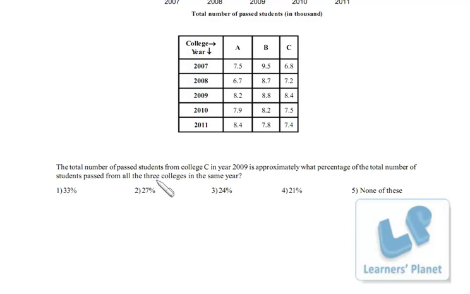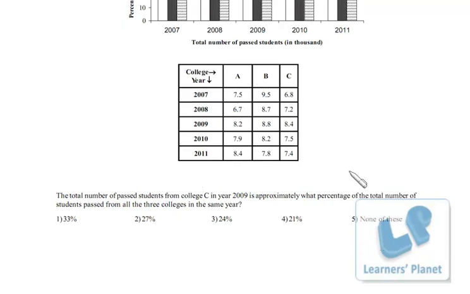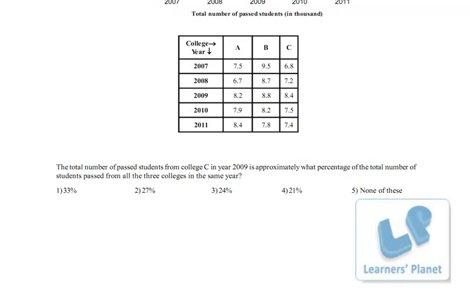The total number of passed students from College C in the year 2009 is approximately what percentage of the total number of students passed from all the 3 colleges in the same year? Okay. So for 2009, the total number of passed students from College C is 8400. And the total number of students passed from all the 3 colleges in the same year is 84 plus 88 plus 82.